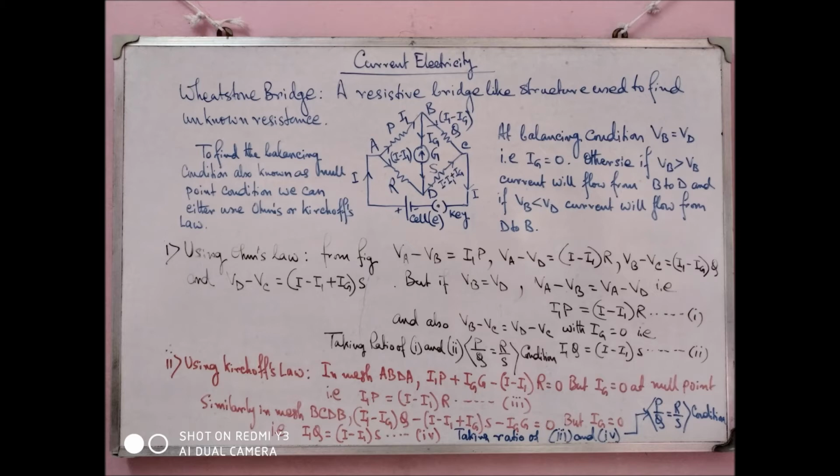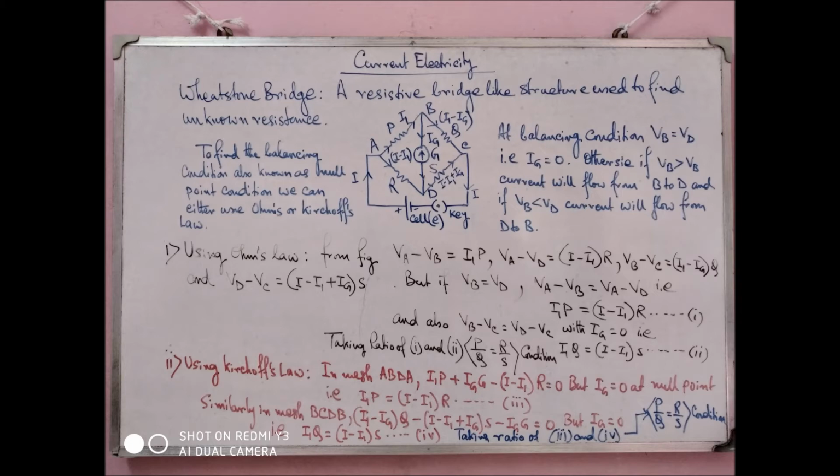The current will enter from point A and exit through point C. Now let the current be I, the total current coming from the source, the cell, the DC source.